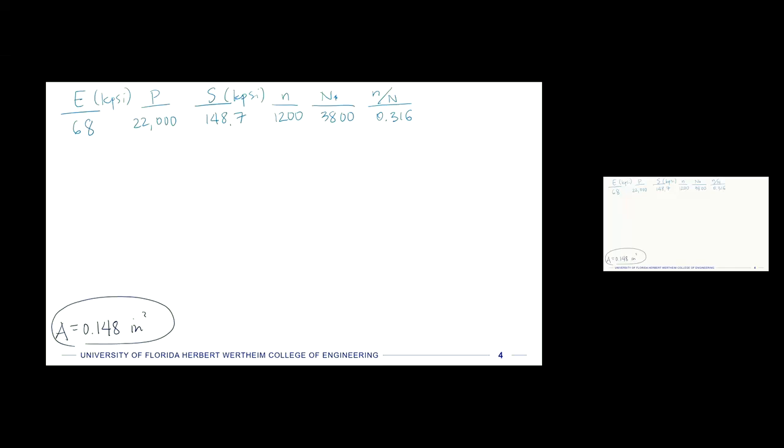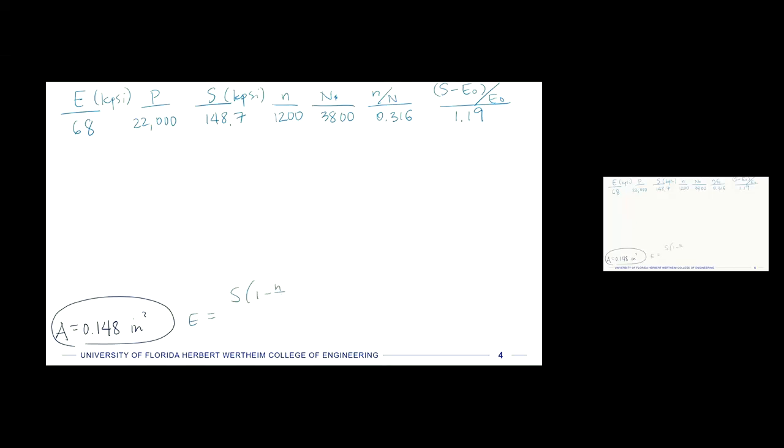The next ratio that's helpful is kind of how far above the original endurance limit we are, right? So S minus E naught divided by E naught. So we're at 1.19. Okay, so then we can combine this 0.316 and 1.19 in the equation that we had before. I'll repeat it here on the bottom.